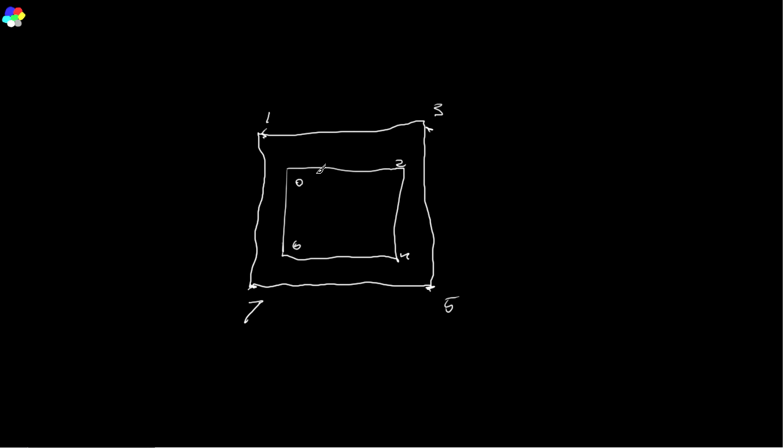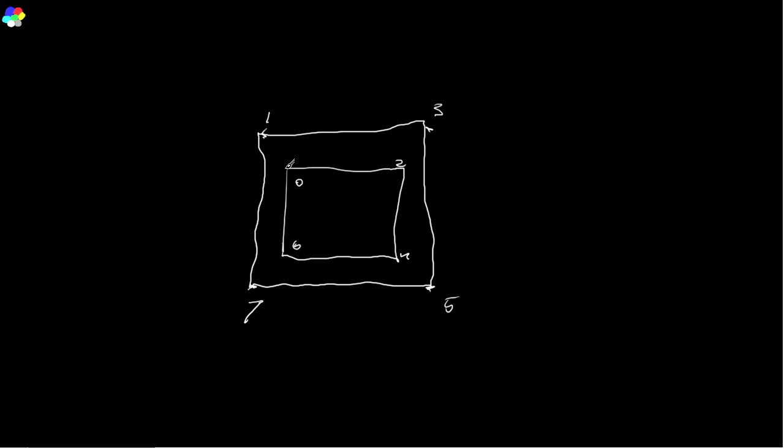So in order to draw all the triangles, we'll draw 0, 1, 3. And that would draw this triangle here, right? No, I misspoke.